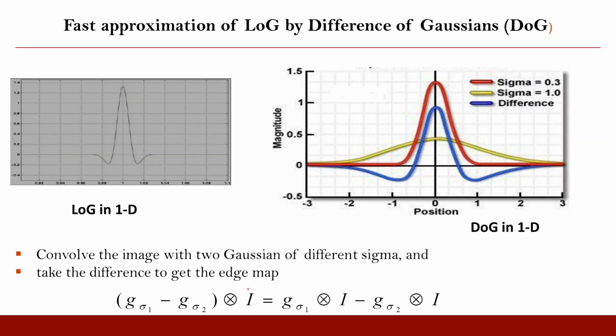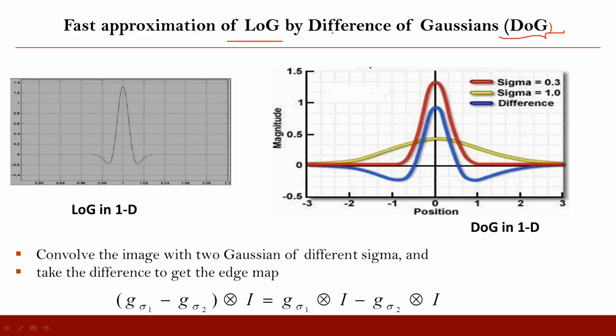You know that when we are computing the LoG operator, we have to compute the second order derivative, and the second order derivative is costly as compared to the first order derivative. So there is an operator called the DoG operator, which can approximate the LoG operator. DoG is the difference of Gaussians, which is based on the first order derivative.